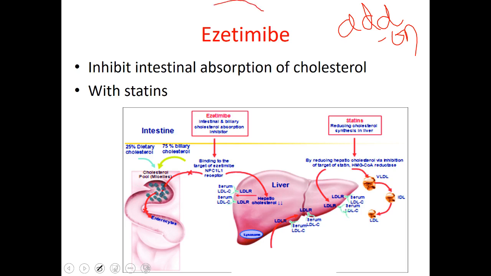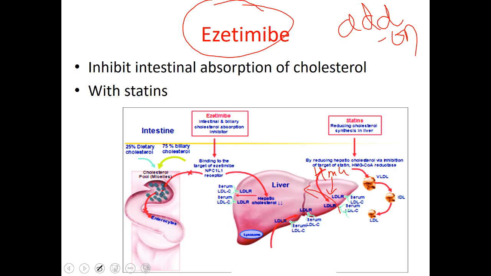The first is ezetimibe. If you recollect statins, what do statins do? They inhibit HMG-CoA reductase in the liver. So they increase the LDL receptor expression and more LDL is taken in and degraded.